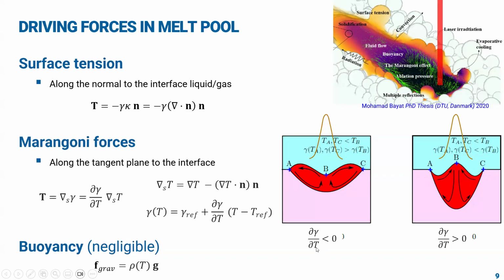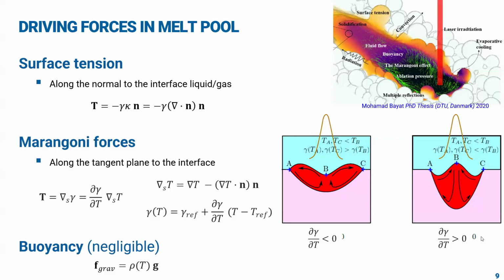So you may consider two situations depending on the fact that the surface tension will increase or decrease with temperature. If surface tension decreases with temperature, then because of the temperature gradient like this, this will create surface flows towards the periphery of the melt pool.